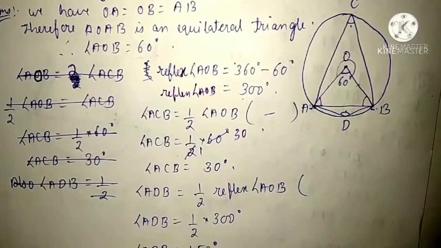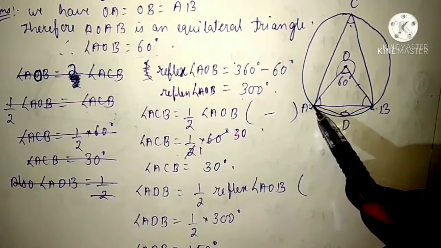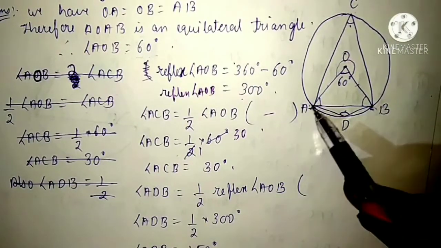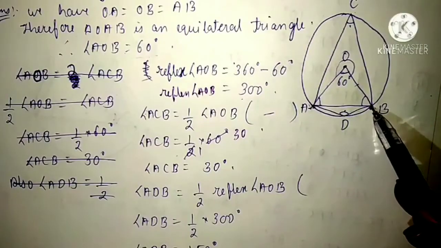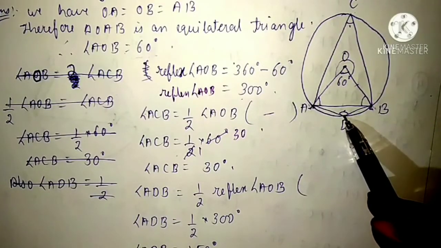Now see, in this, we will take this arc AB. This arc AB is the major arc and this point D is on the remaining part of the circle.